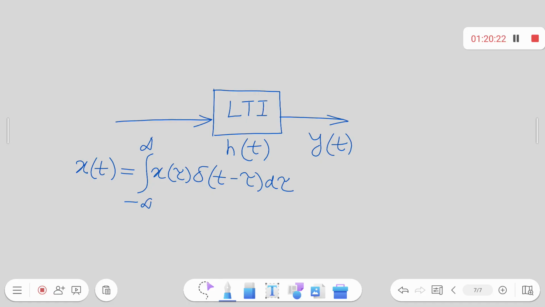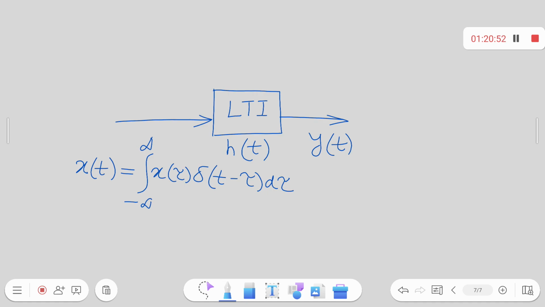This is an LTI system. You know that if delta t is the input, the output should be h of t. So if the input is delta t minus tau, output should be h of t minus tau. If the input is x of tau multiplied with delta t minus tau, output should be x of tau multiplied with h of t minus tau. And if the input is the integral from minus to plus infinity of x of tau delta t minus tau d tau, the output should be the integral from minus to plus infinity of x of tau h of t minus tau d tau.